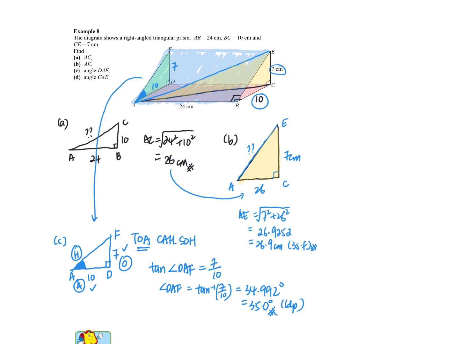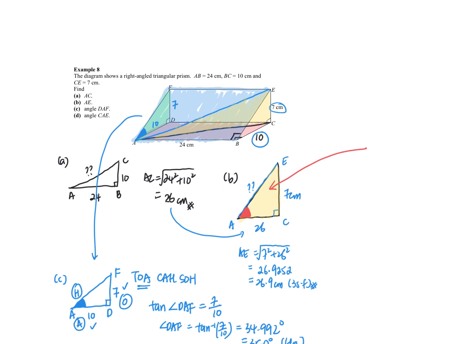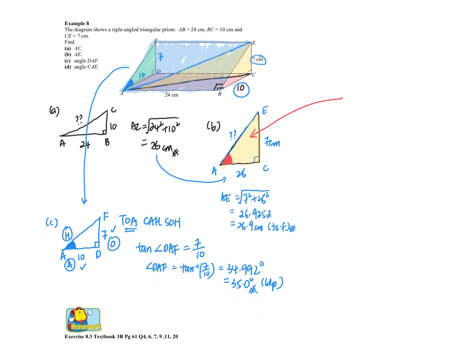Okay, last one is CAE. Actually, we have done the triangle already, is this one. But they want angle this time round. So what can we use? Again, right angle triangle. What can I use? Sorry? Either Pythagoras to find length, but if I want to find angle, SOH CAH TOA. So let's use SOH CAH TOA.